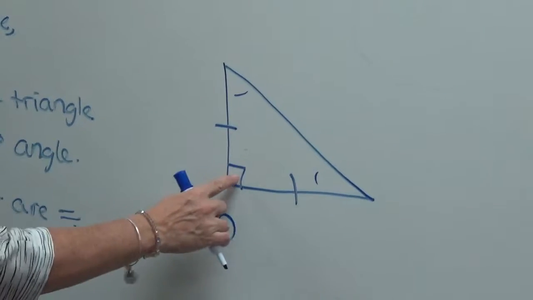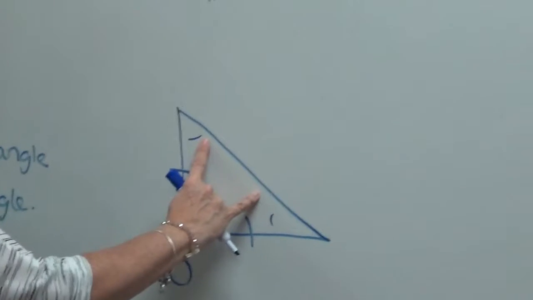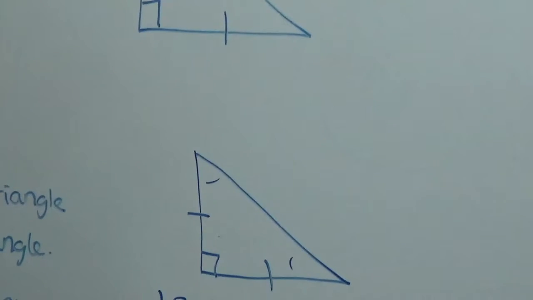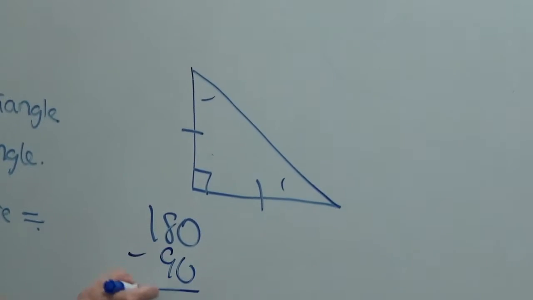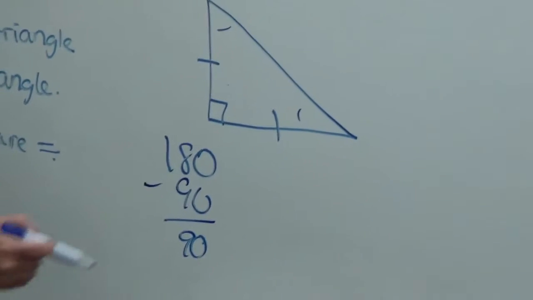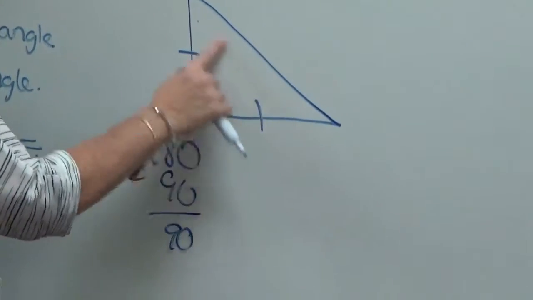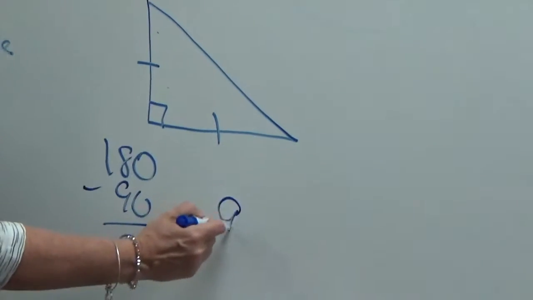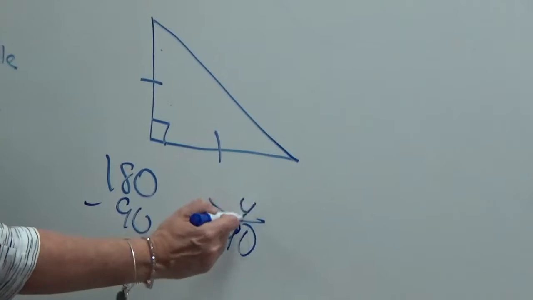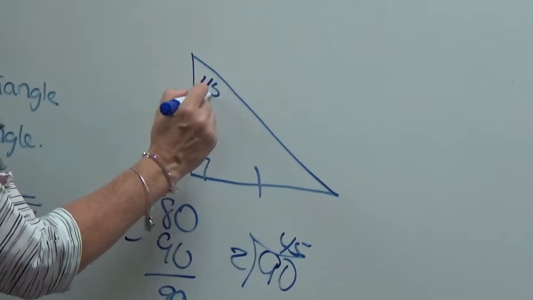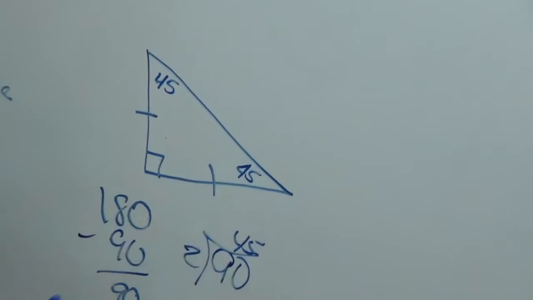So I know that if this one's 90, then these two together have to equal 90 as well, because 180 minus 90 is 90, right? So if these added together equal 90, then clearly 90 divided by 2 is 45. So that's why this is 45 and this is 45.